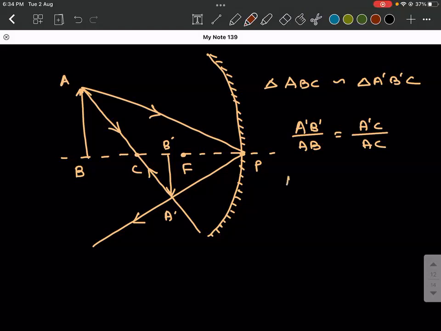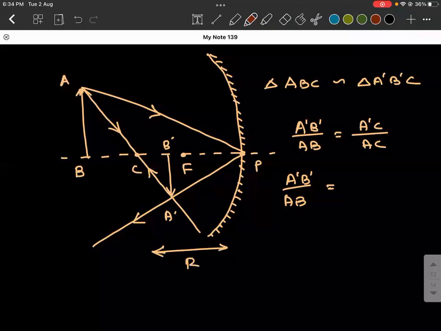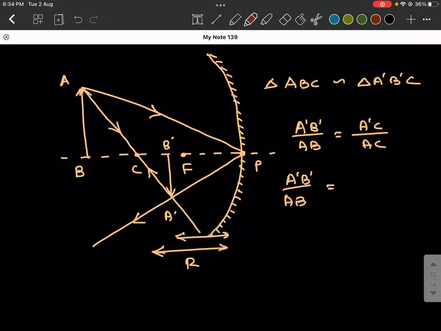I'm not disturbing A dash B dash and AB, which is equal to what is A dash C? Observe, this distance is R. This distance is V. Oh, sorry, I don't need A dash C. I can rather take B dash C divided by BC.